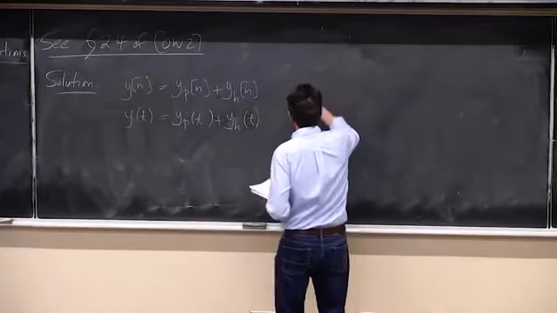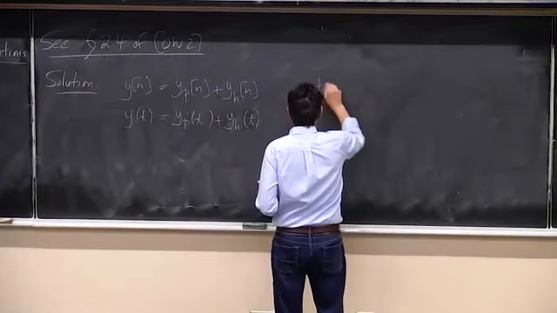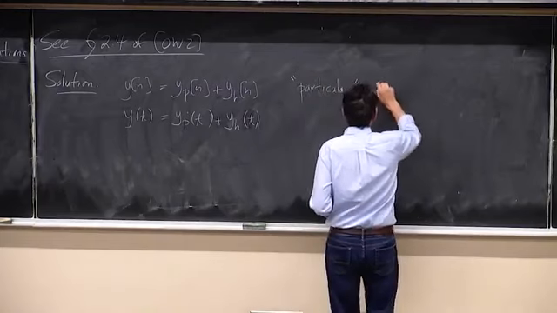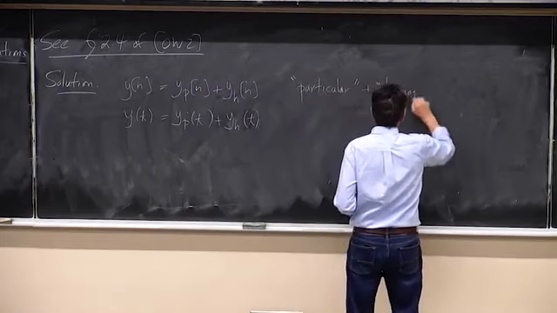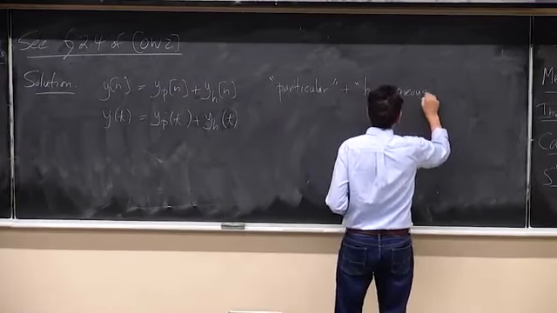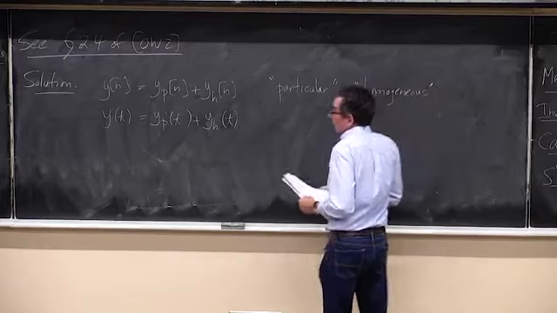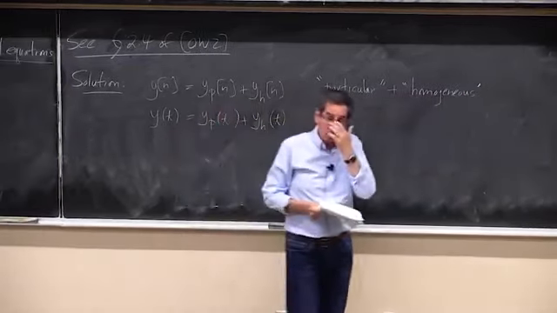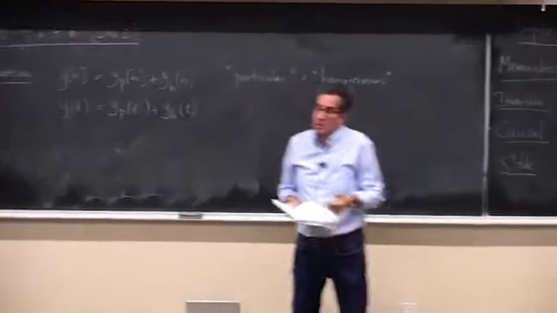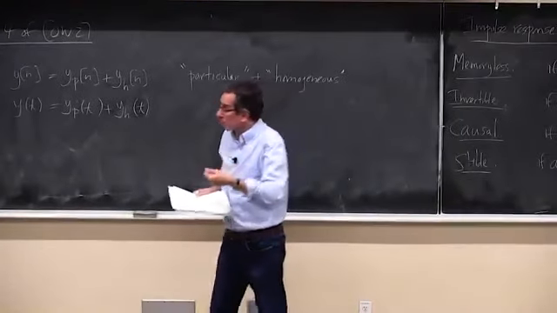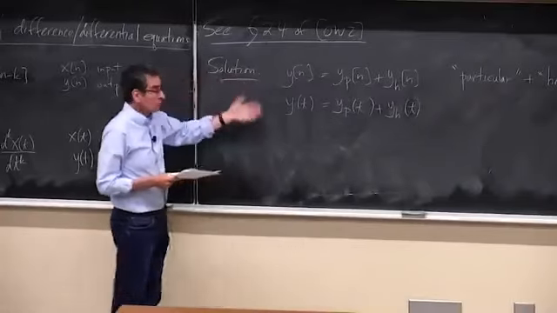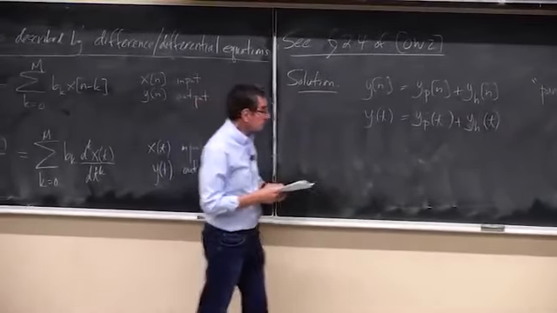So this is particular plus homogeneous. Particular just happens to be a solution that maybe you can find by some mechanism. They give you some suggestions about how to find it. But here we want to find the general form of the solution.